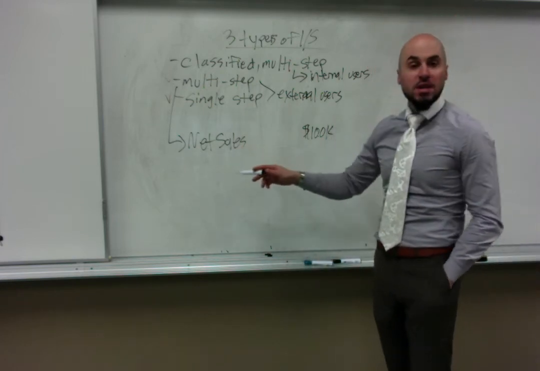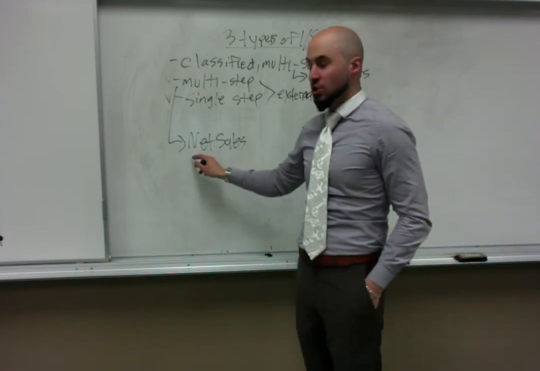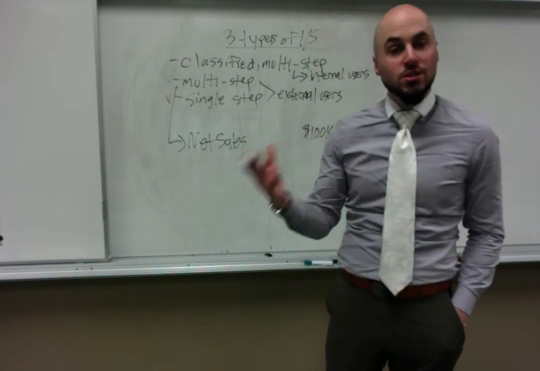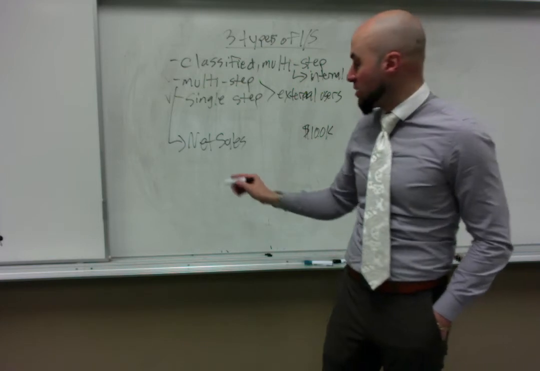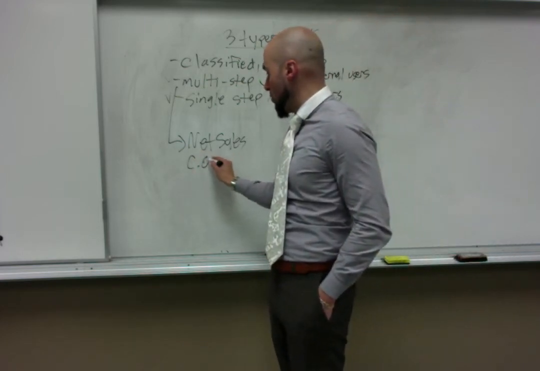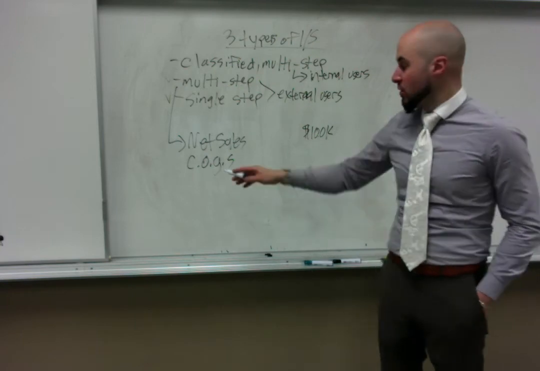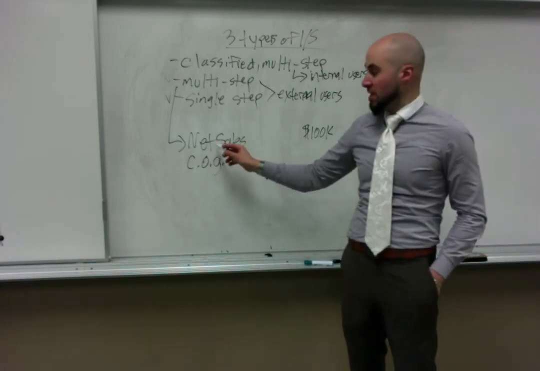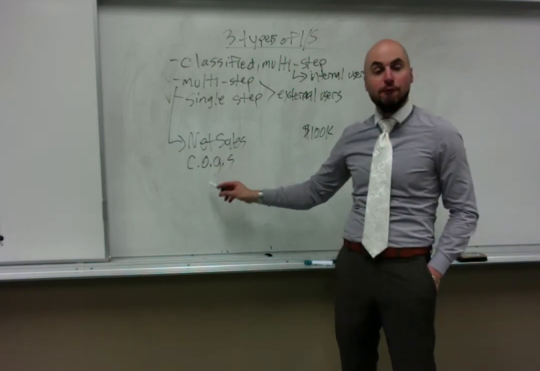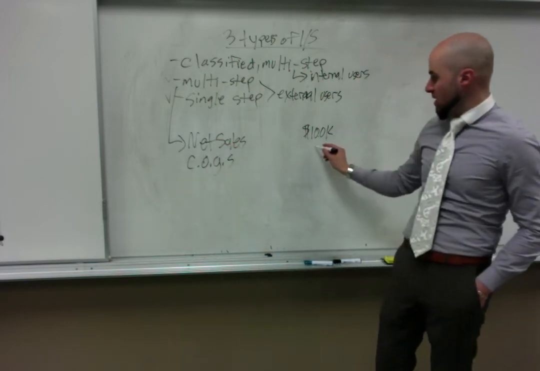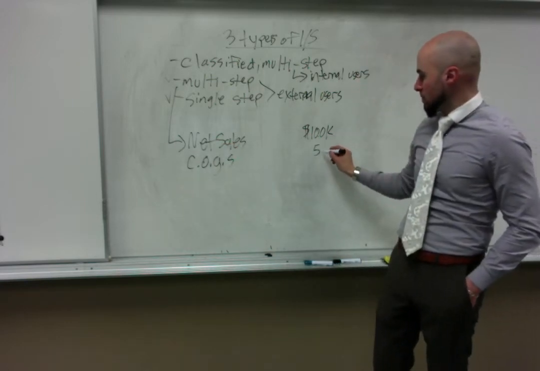And from the net sales, you're going to show COGS now, cost of goods sold, which also will not be detailed on how it was calculated. Okay, cost of goods sold gets directly subtracted from net sales. Let's say it is 5K.